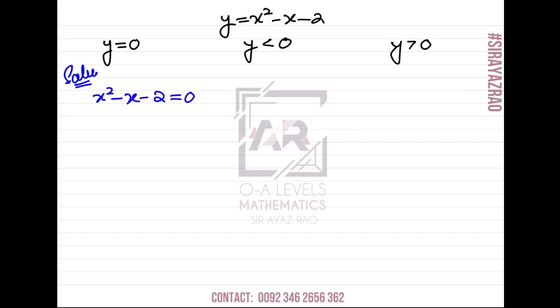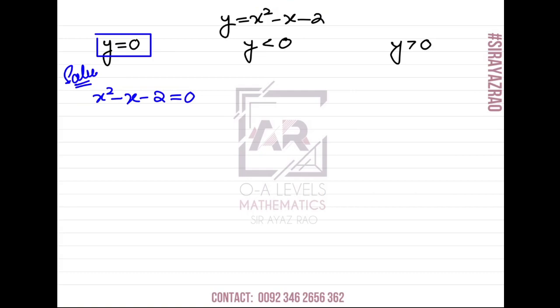When they ask like this, if you relate it with the graphical part, they have put this value x square minus x minus 2 over here, in place of the value of y. So you can see they are asking you to solve this equation to find out the value of x when y is equal to 0.